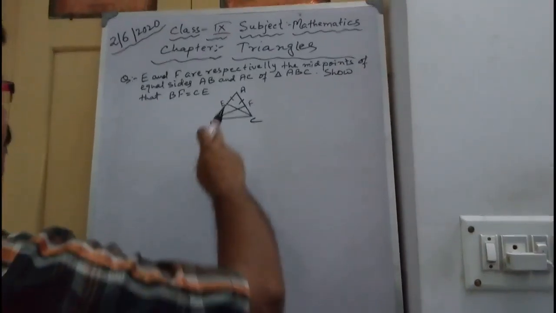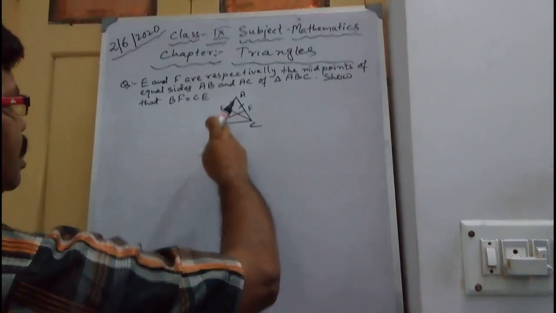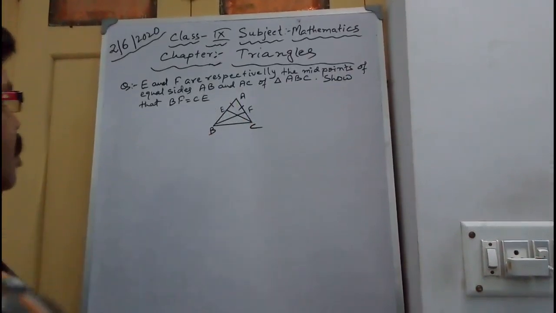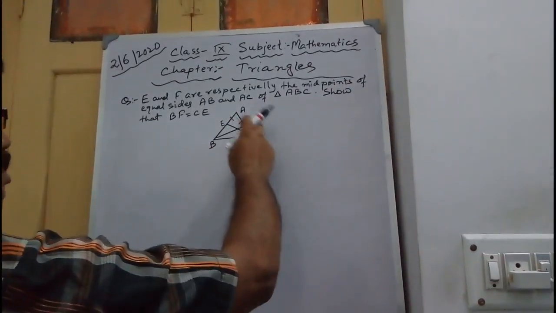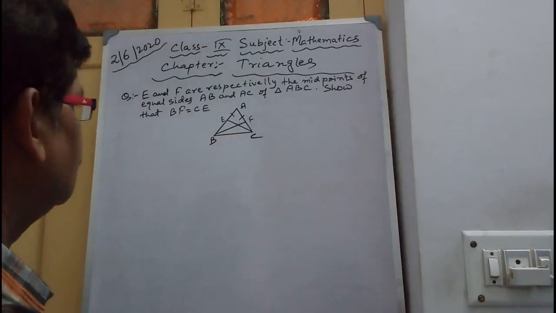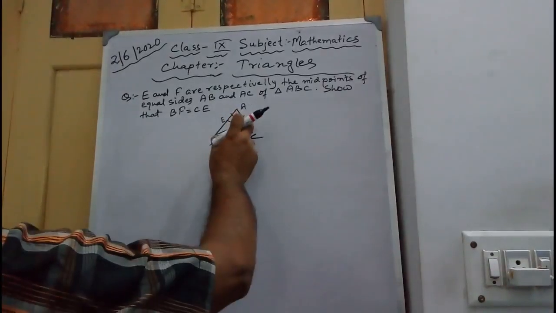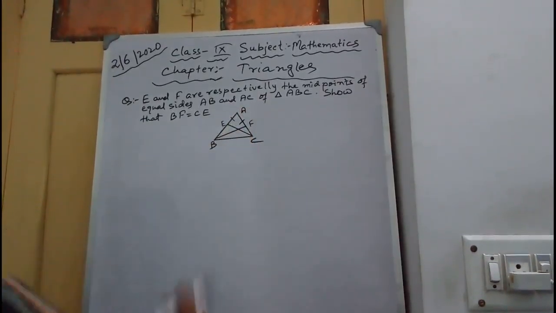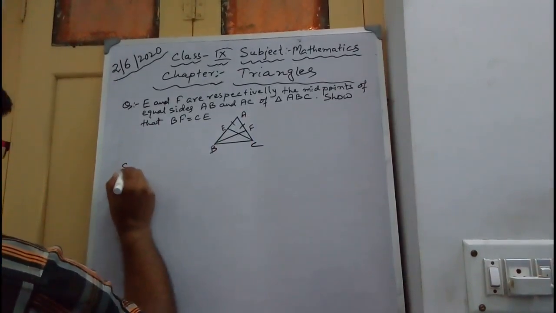E and F are respectively the midpoints of equal sides AB and AC of triangle ABC, so that BF equal to CE. Now see the solution.